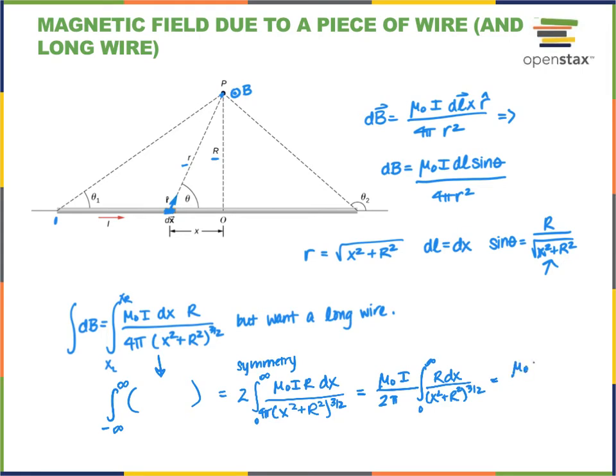we're going to get mu naught I over 2 pi R times x over x squared plus R squared raised to the 1/2, evaluated at 0 and infinity. I know, it's a lot, and I'm leaving out a lot of steps because I know you don't want to see it.